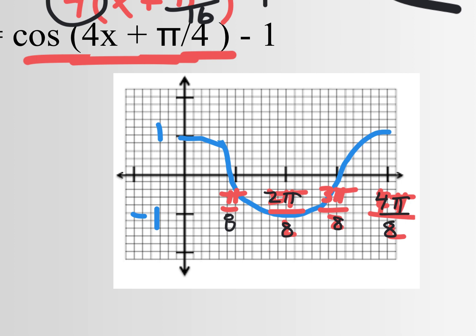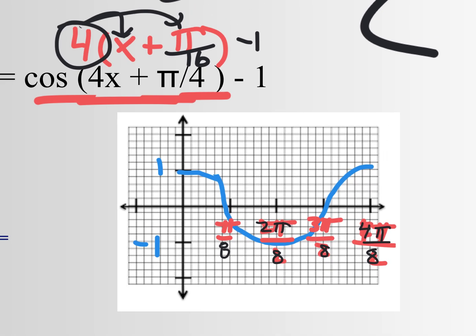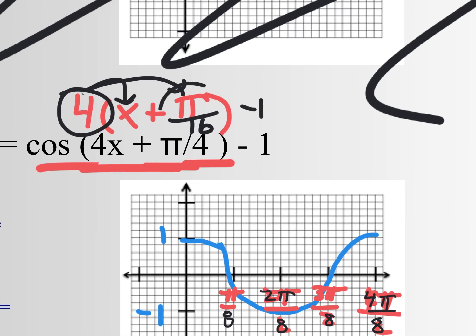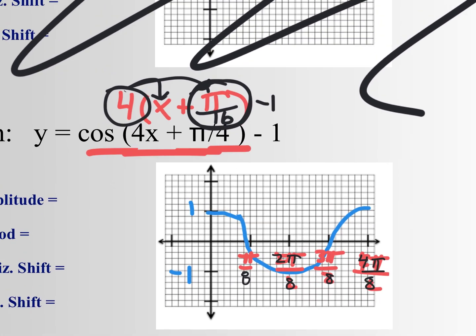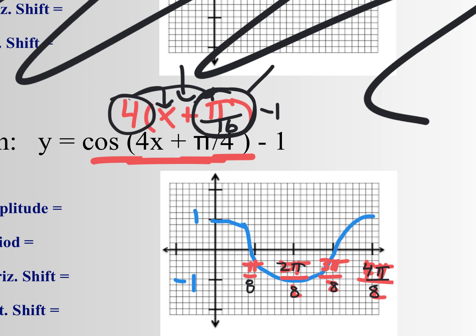All right, we're going to go with Sam W. How do I do this shift to the right, no wait, to the left of pi over 16? Because it's got a plus pi over 16.